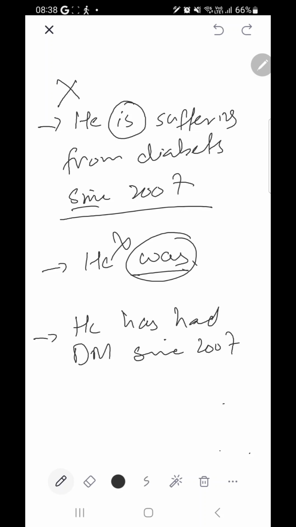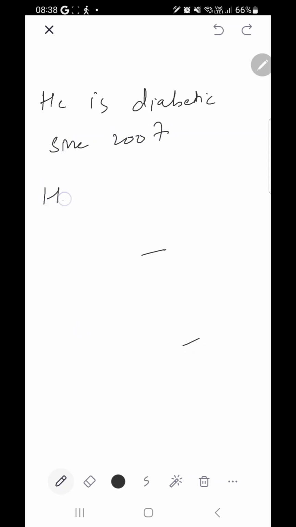Candidates, also write it down again. Often we can write the common mistake: he is diabetic, let's say, since 2007. Often people write he was diabetic since 2007.